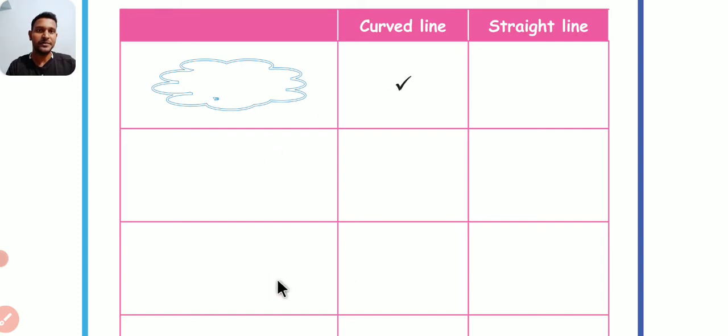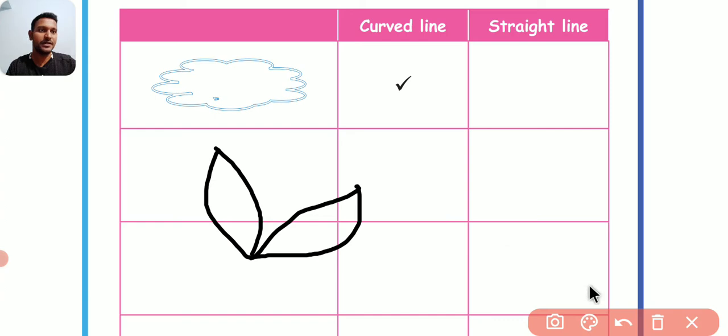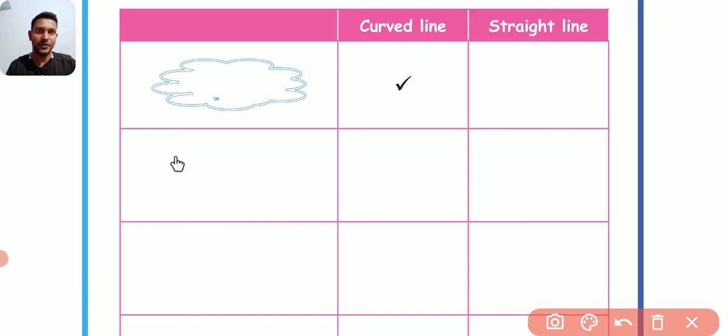Now I am going to draw one shape. Now you see I am going to use one line. I draw this shape. Which line did I use, curved line or straight line? Yes, this is straight line.